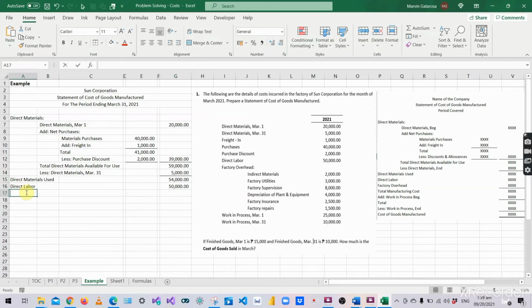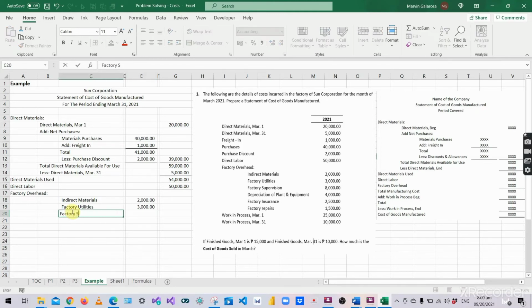And the factory overhead, consisting of indirect materials, amounting to 2,000, factory utilities, 3,000, factory supervision, amounting to 8,000.